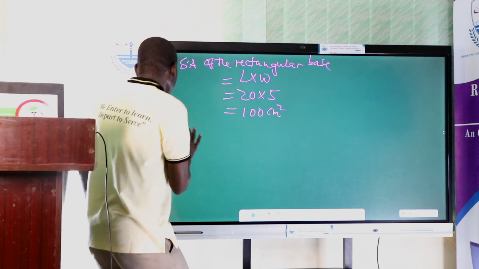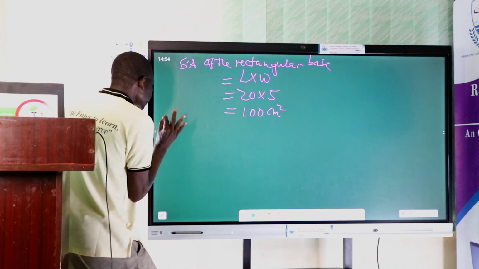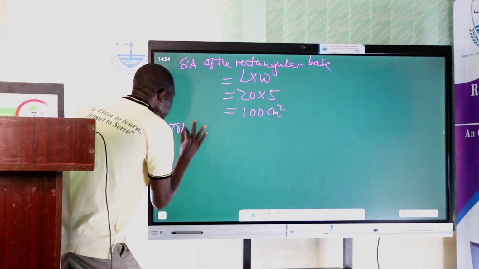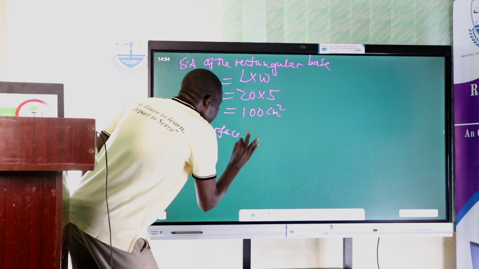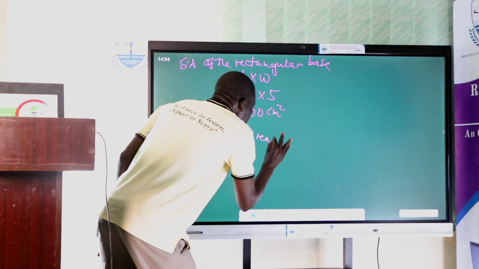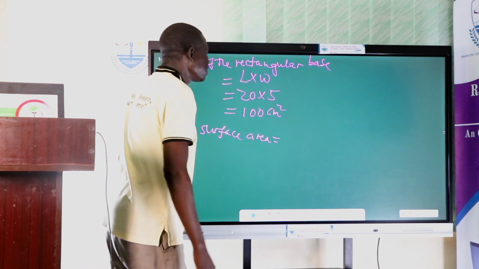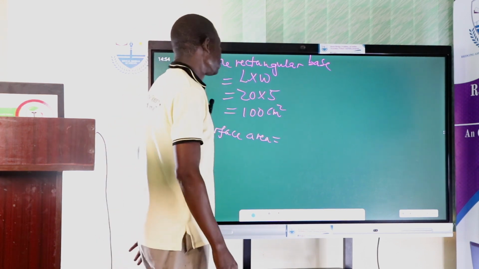So therefore, total surface area we will now equal by adding the areas of all those.